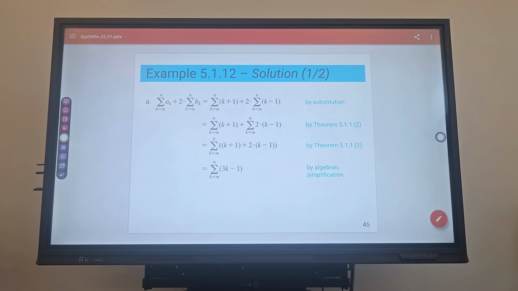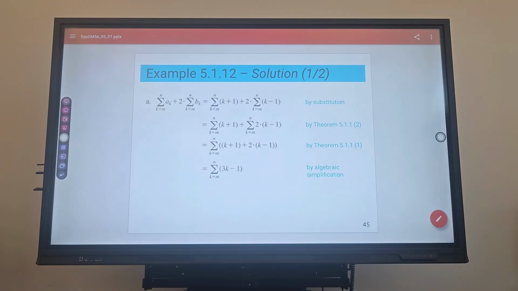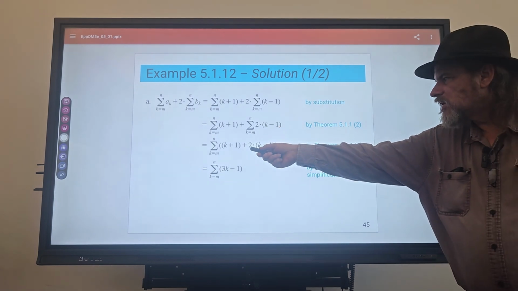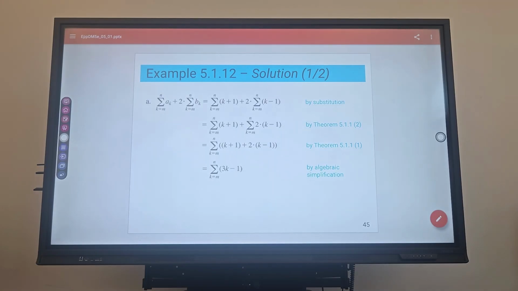Expand it out by substitution, then bring in the constant, then add the two together, and then simplify to get the sum of 3k minus 1 from m to n.